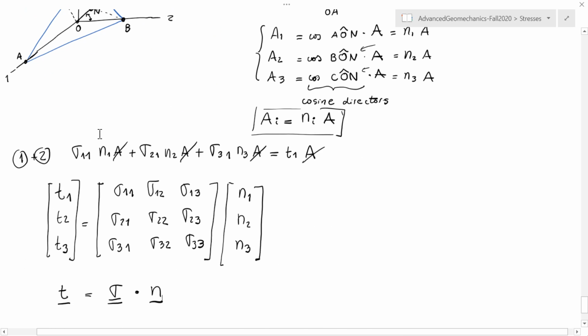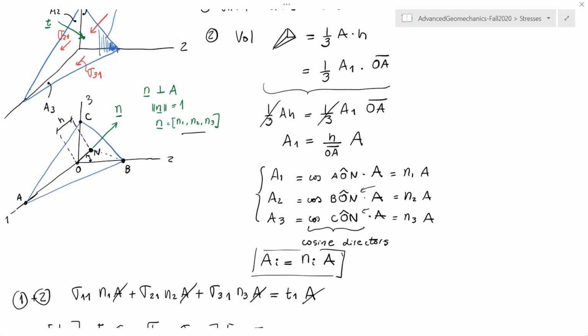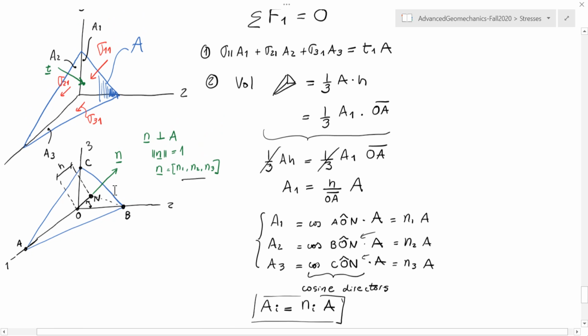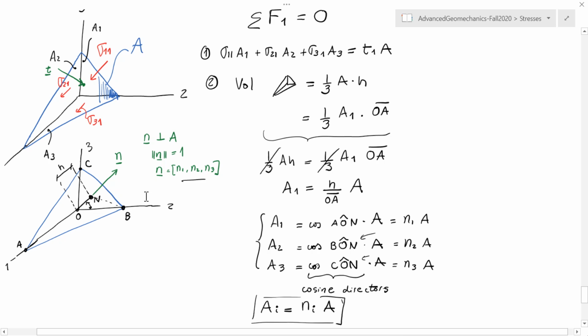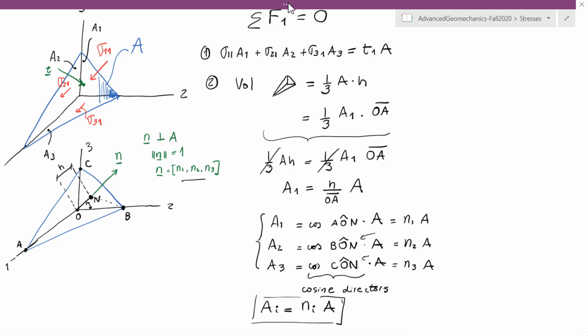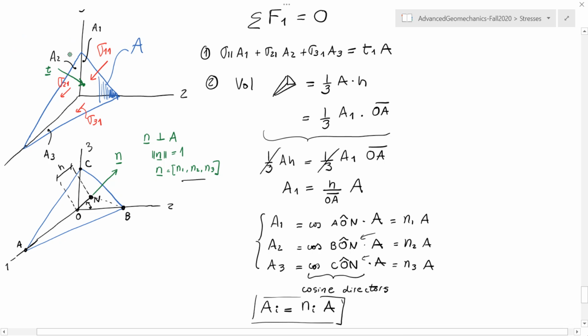Okay, if we want to now convert this vector T into the normal and shear stress, we're going to have to do one more step. And remember that this vector T was applied, it's not necessarily normal to the area, and it's in this case somewhere over here.